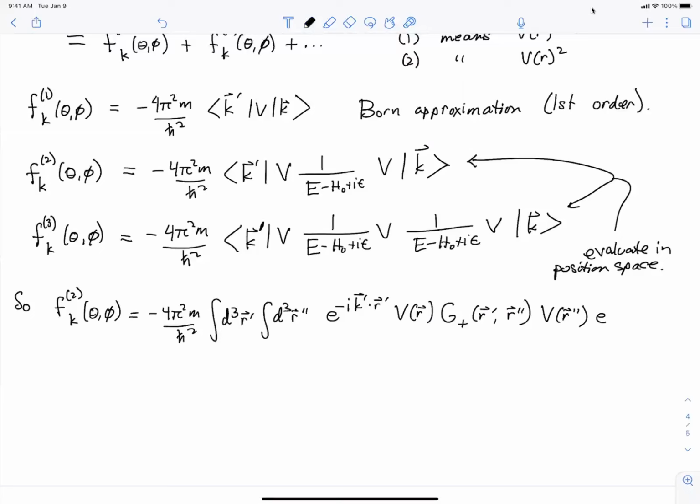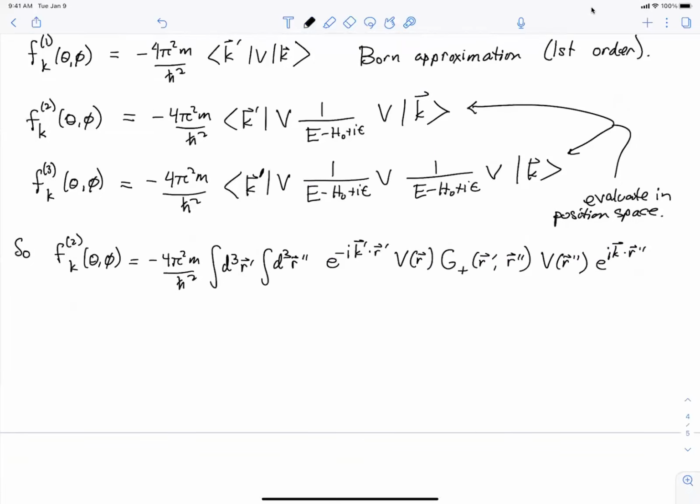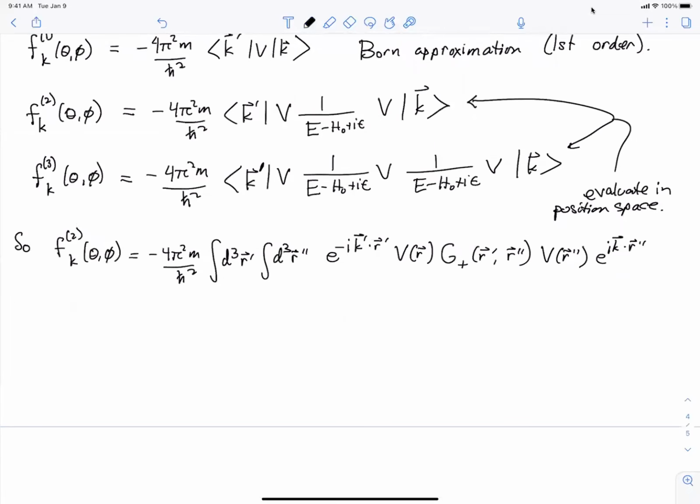And we get our 2 potentials, and then we get e to the i k dot r double prime. Okay, so you have to evaluate that integral, which is a little bit hard because the green function might not be so easy to include. But in principle, that's a doable integral. You can have your computer do it for you.